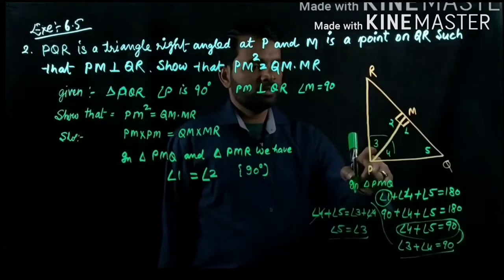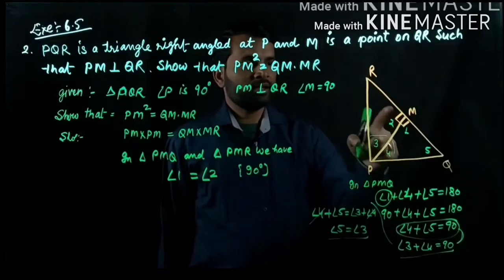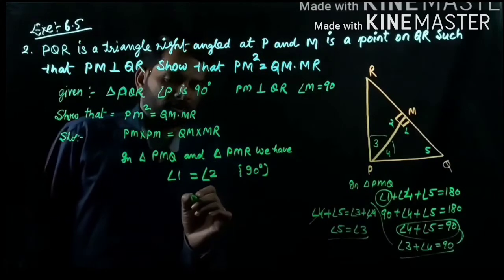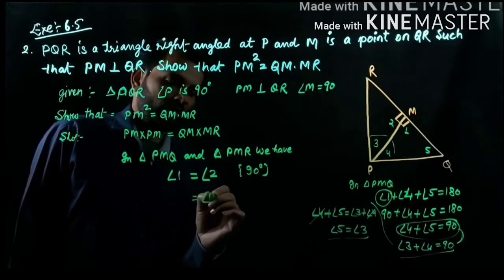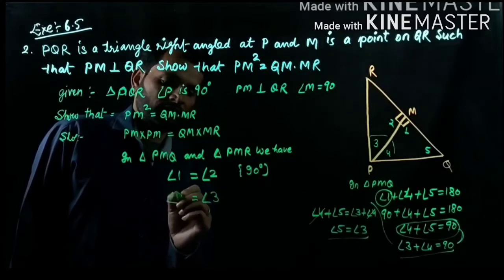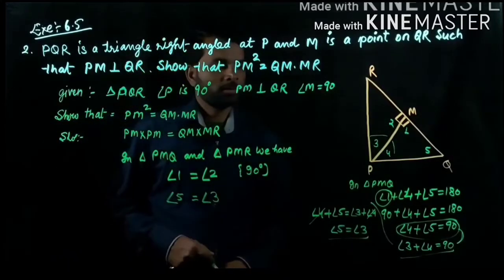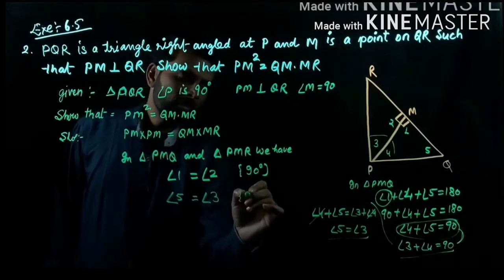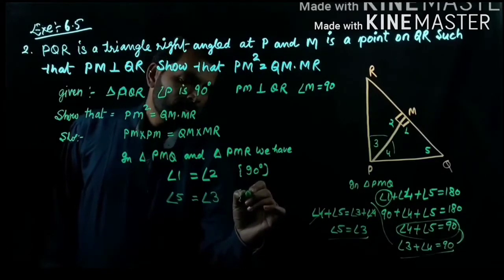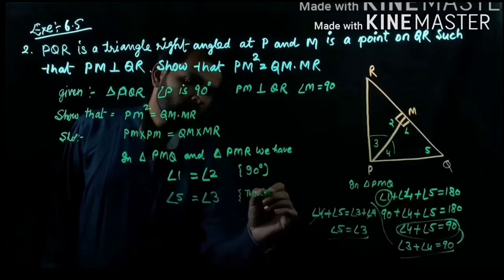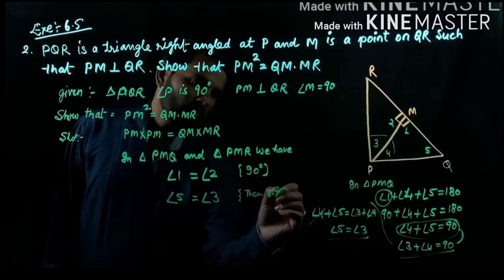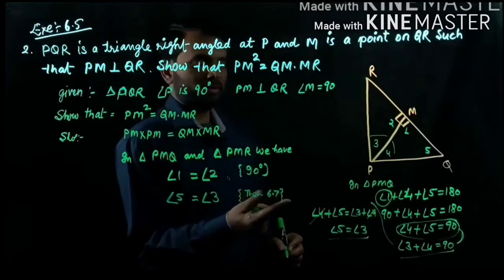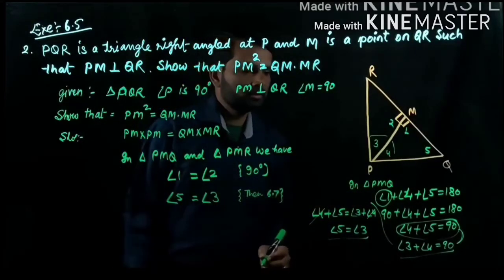Angle 3 is in triangle PMR. Where is triangle PMR? This is triangle PMR. You write 3 is equal to 5. It is theorem 6.7, or you don't have to write the theorem 6.7, you write it in the solution in between.